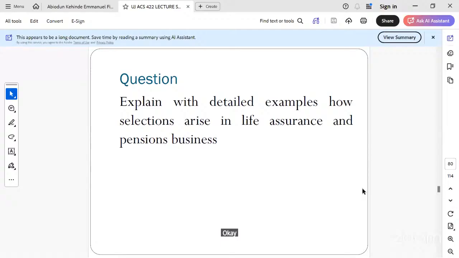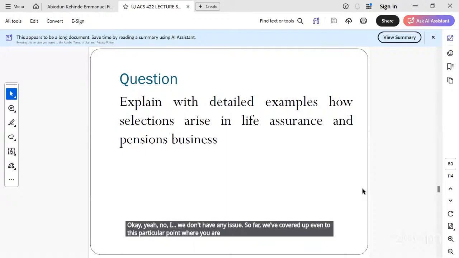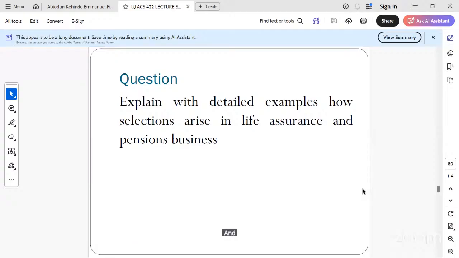No, we don't have any issue. So far, we've covered up even to this particular point where you are already. And I gave them an assignment on that, which they submitted 2 days ago.